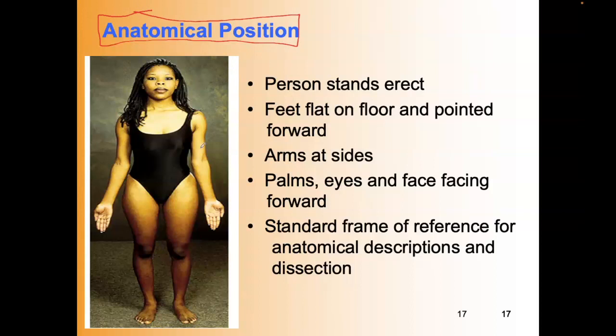What is anatomical position? We see this young lady standing with her feet flat on the floor. She's standing erect with her palms facing anteriorly, forward. They're anterior, and they're also what we call supine.